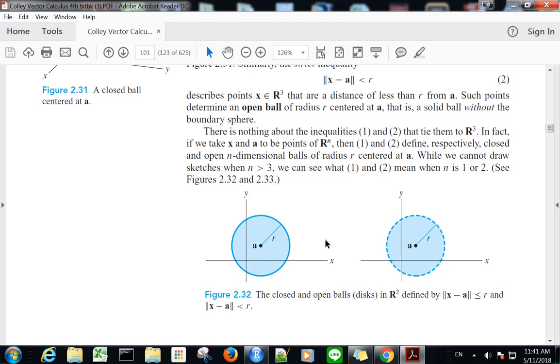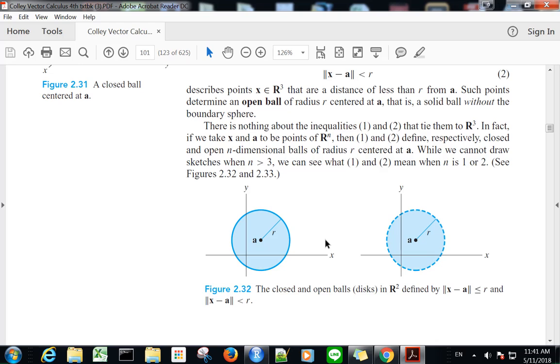It's open because of this idea that if you draw any open circle around a point, some of the points in the circle will be in the white and some will be in the blue.